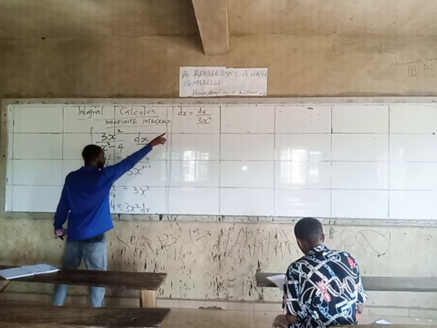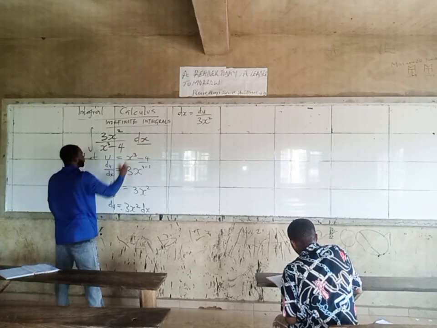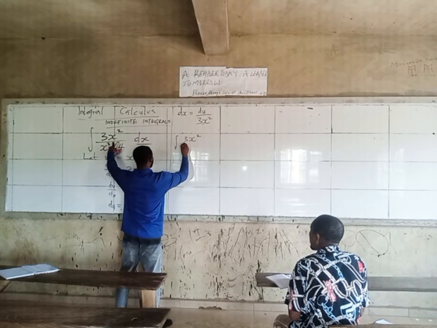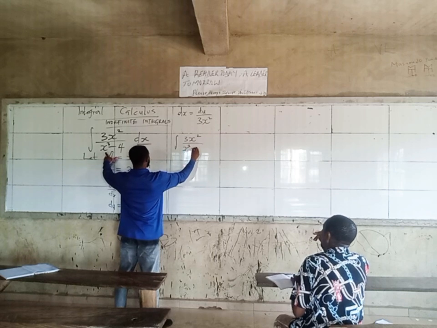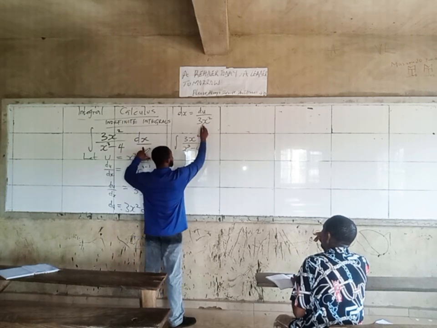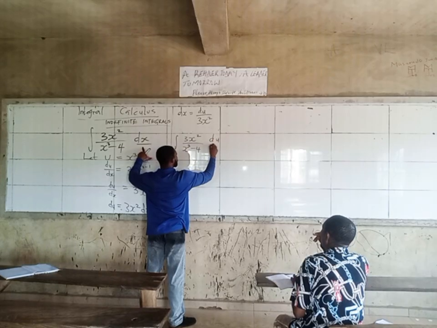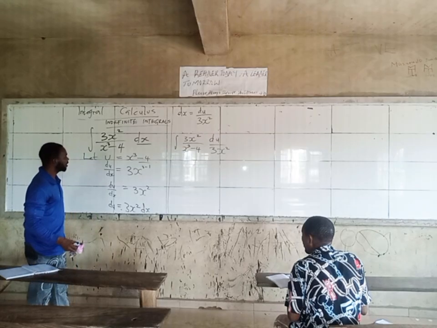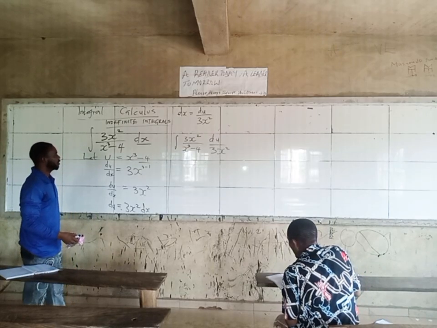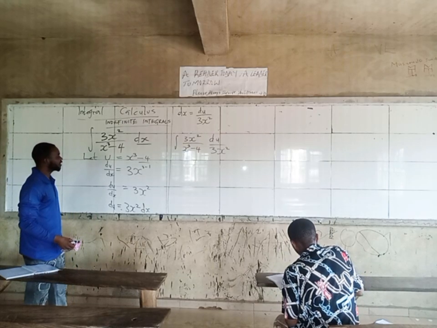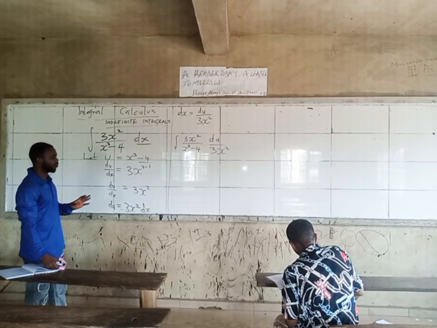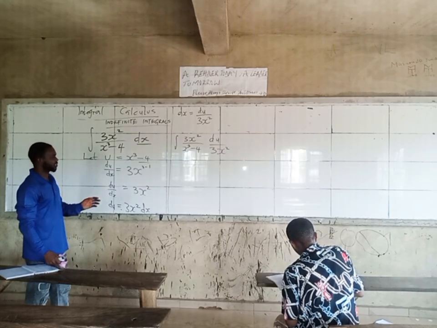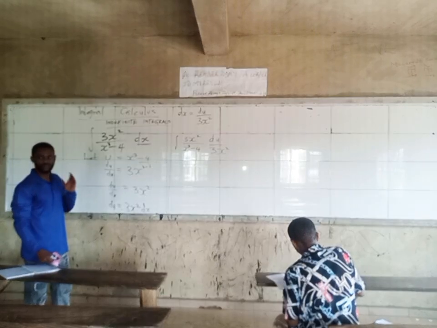I will carry this thing I have for dx and substitute it in this equation, so that I now have the integral of 3x squared all over x cubed minus 4. Then the dx that is here, I will replace with du over 3x squared. The goal of every integration using U-substitution is for you to replace everything that has x, or any variable that is not u, with u.